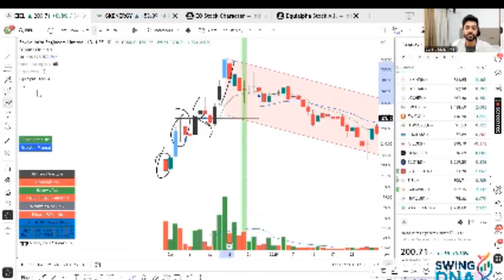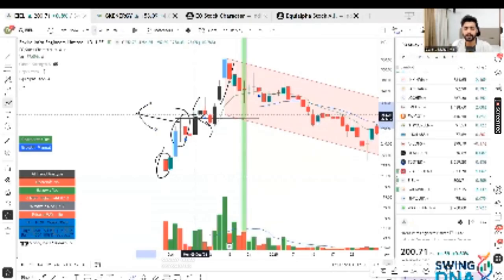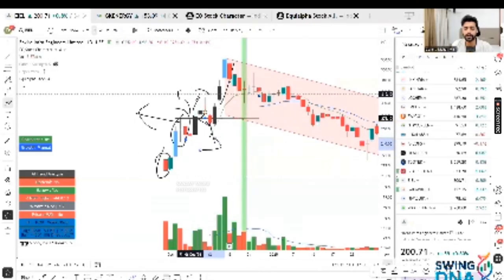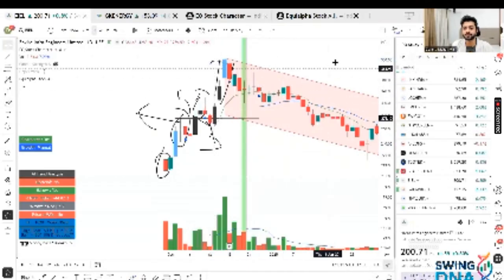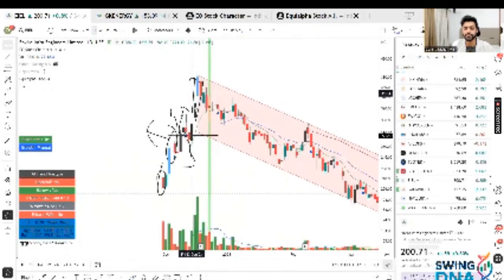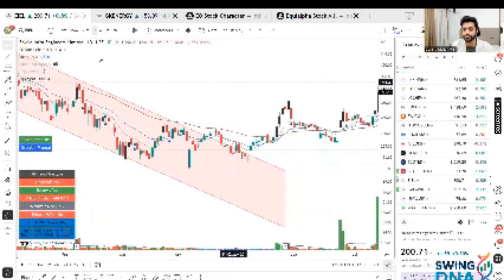In 3 days, suddenly it worked. Very abrupt. First there was weakness here, then strength came and a breakout, then again weakness came. This would have taken the stop loss of a lot of people, and then it finally worked. So multiple tries would have been needed to actually do something.